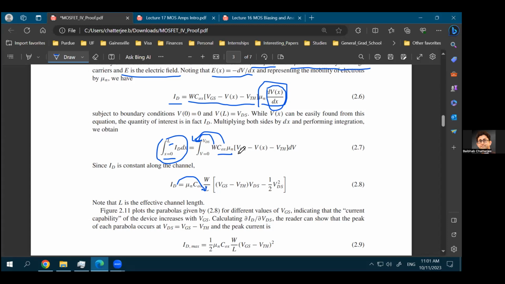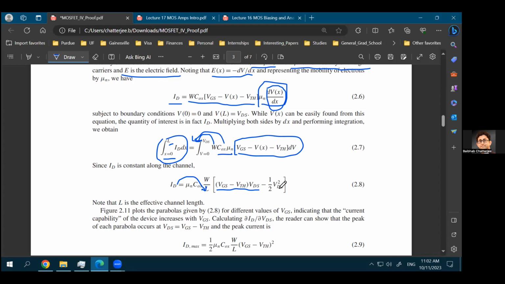What is happening to the rest of the equation? So you have a voltage term, and you're integrating it with respect to dV. So of course, you'll get VGS minus VTH times dV, and if you integrate it from V equal to 0 to V equal to VDS, you'll get VGS minus VTH times VDS. The second term is basically this V of x times dV, and if you integrate it from V equal to 0 to V equal to VDS, you will get V squared over 2.